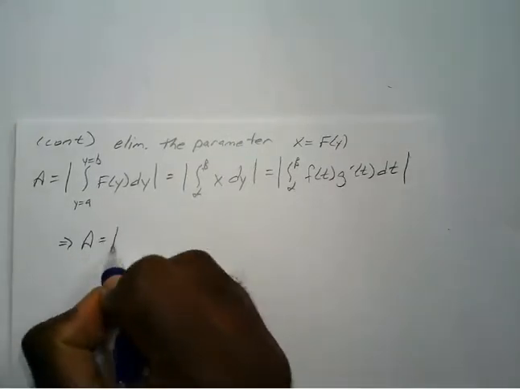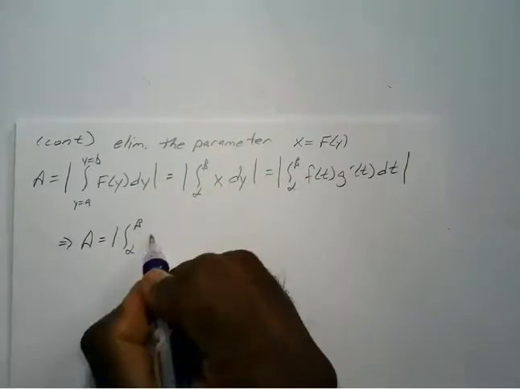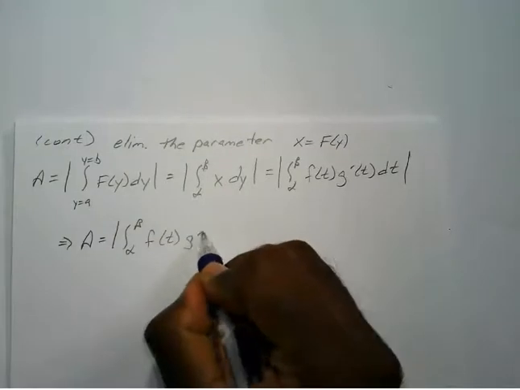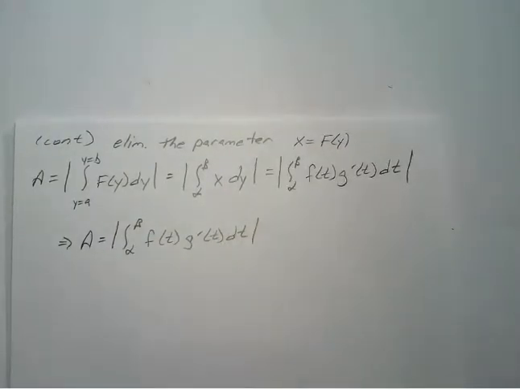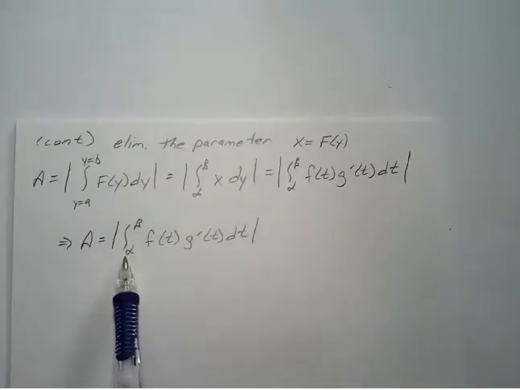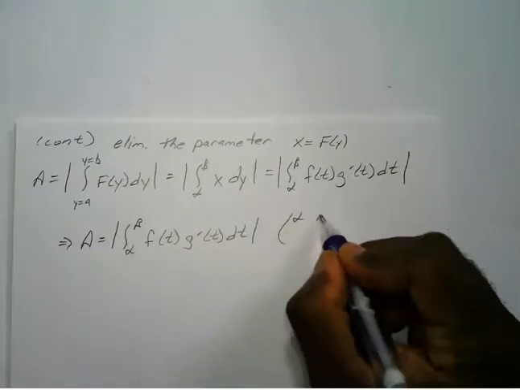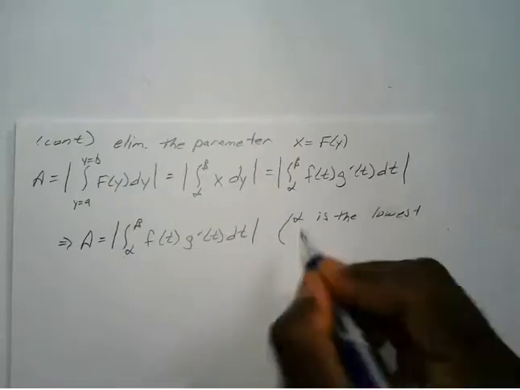Okay, A is equal to the absolute value from alpha to beta of f of t, g prime of t dt. But the only difference is previously alpha was the leftmost endpoint. But in this case, alpha is the lowest value.